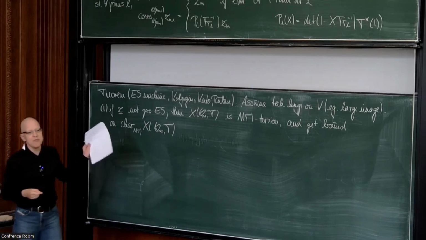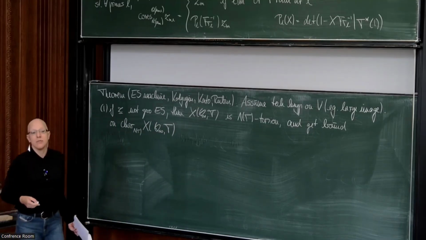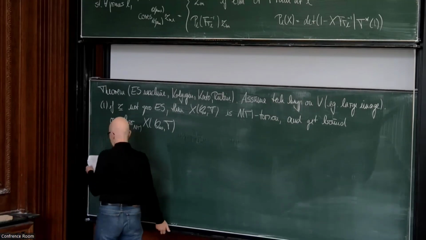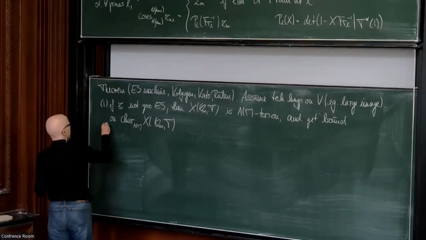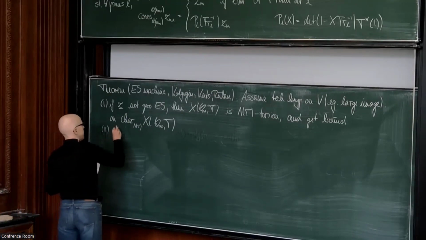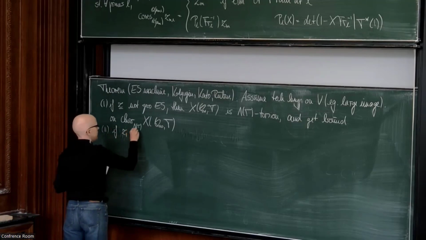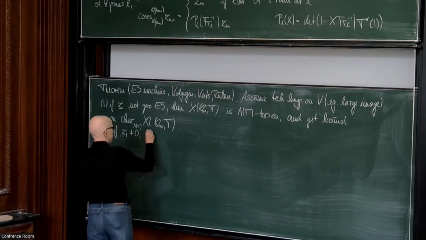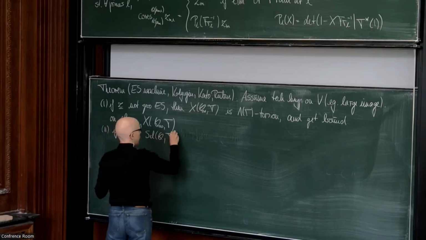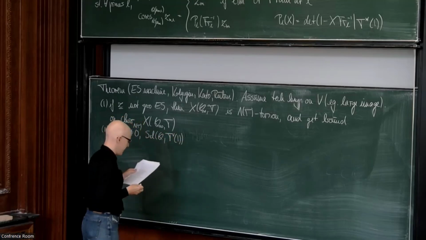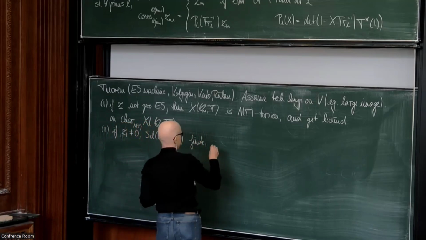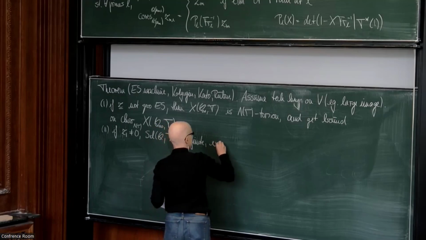Of course, p-adic L-functions don't enter yet. That will come in a second when we relate the Euler system to a p-adic L-function. One also obtains a result for the Selmer group over Q. If the bottom class of the Euler system is non-zero, then the Bloch-Kato Selmer group over Q of our representation is finite, and one gets an explicit upper bound for its size.